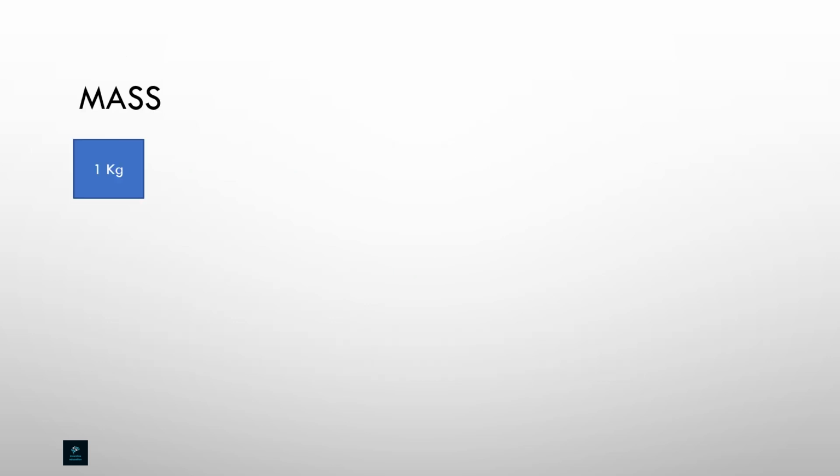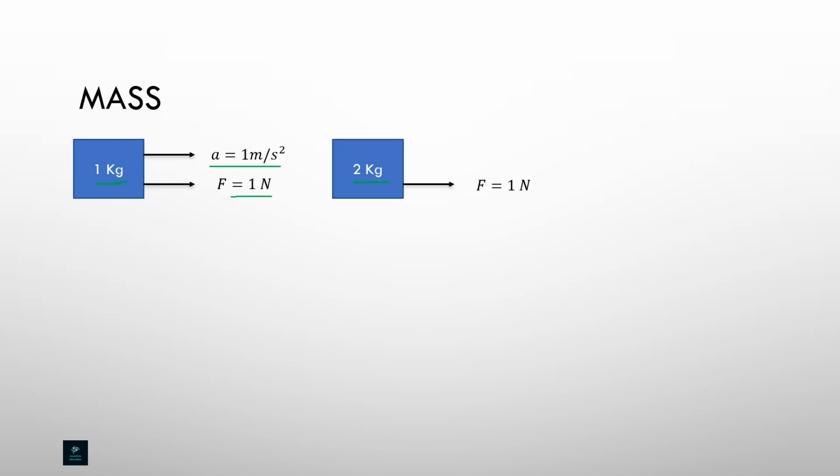Now, what is the effect of mass on the body's acceleration or on the force? Suppose that we have a body of mass 1 kg and we apply a force of 1 newton on the body. The acceleration produced will be 1 meter per second square. Now, suppose that we take a mass of 2 kg and apply a force of 1 newton on the body.